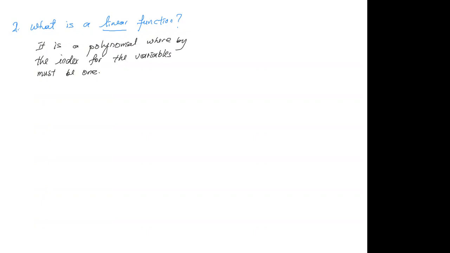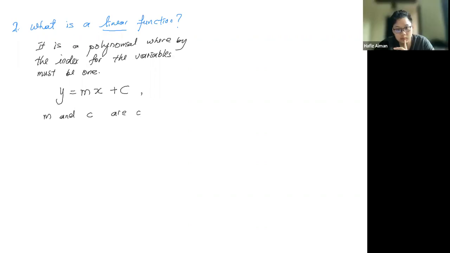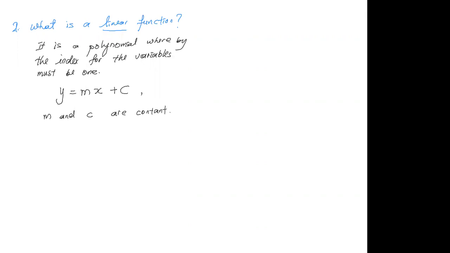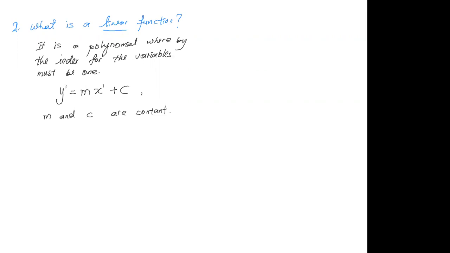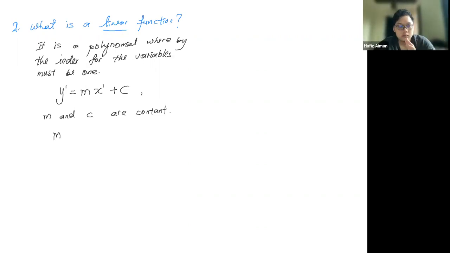If I write like that, are you familiar with this? M and C are constant. So what is M? M is the gradient.